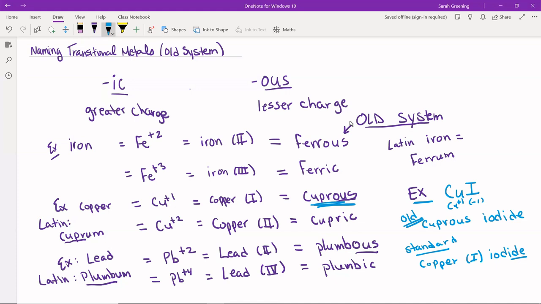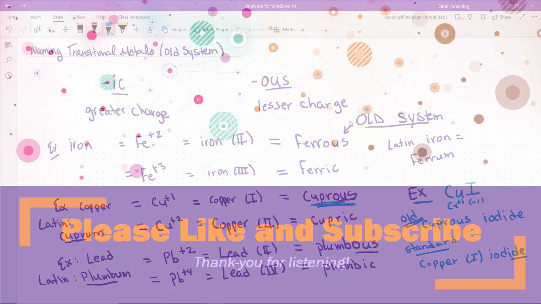That is a little bit of a review of transition metals and naming ionic compounds. But then we also went into detail to discuss naming with the old system using Latin-based terms and indicating charge, where the greater charge gets the ic ending and the lesser charge gets the us ending.